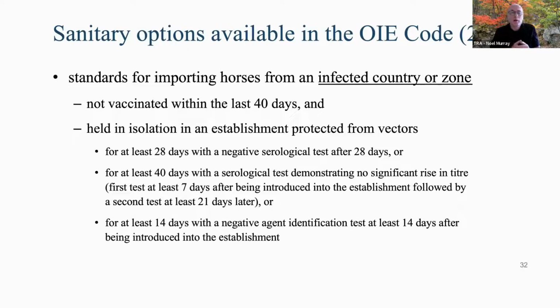So looking now at importing horses from an infected country or zone, there is a requirement that they not be vaccinated within the last 40 days, as well as being held in isolation in an establishment protected from vectors for at least 28 days with a negative test after 28 days, and so on. So we can see there's a range of options that the code does provide.